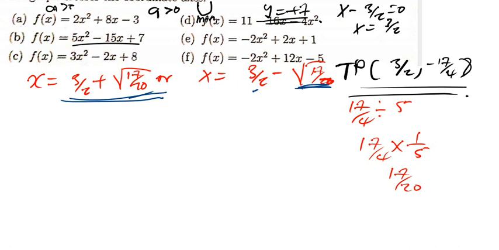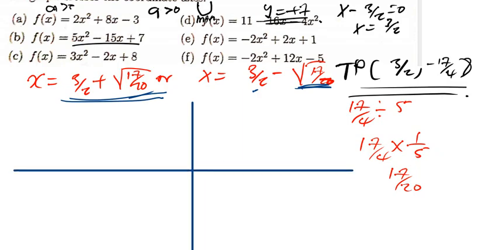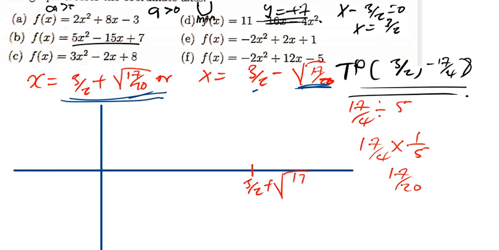So as I'm going to put my graph here, one thing I need to understand is that my x values are both positive. So since they are both positive, I can make it like this. This number is approximately 3/2 plus root of 17/20.